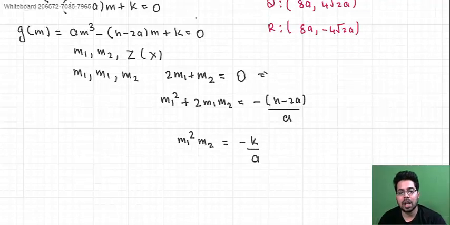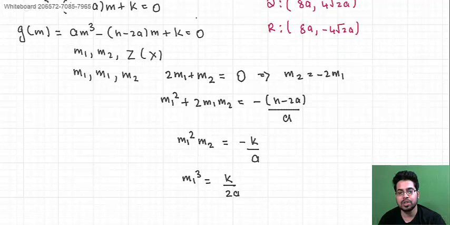So from here I am getting m2 to be equal to minus 2 m1. So I will substitute m2 equals minus 2 m1 over here. So I will get m1 cube equals k by 2a.